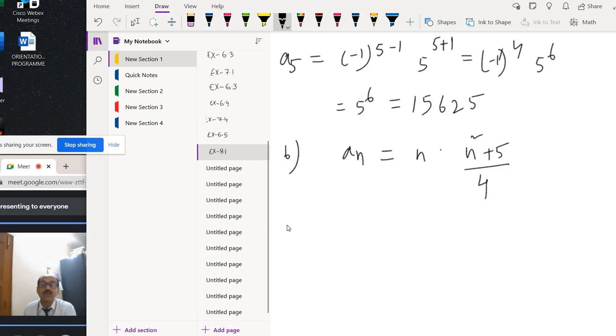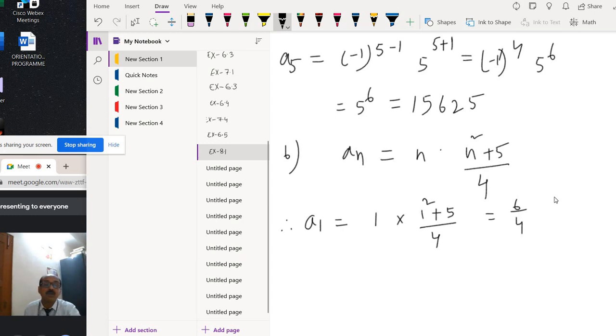So a1 equals 1 into 1 square plus 5 by 4, which is 1 into 6 by 4, which is 3 by 2. This is the first term, 3 by 2.